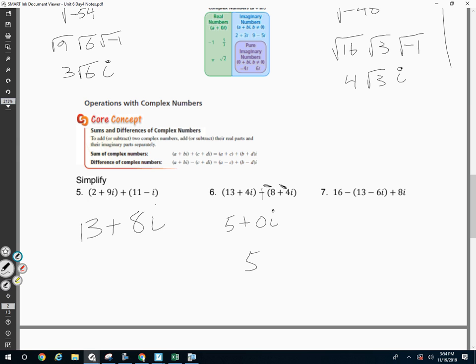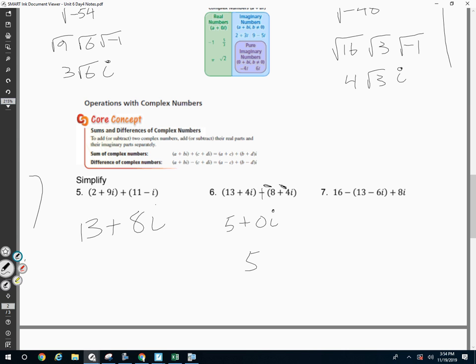Okay. When I distribute this negative, that becomes plus a positive 6i. So I'm actually not going to take that negative 6i and add 6i. Your number was correct. 16 minus 13, 3. Too many of us are careless with these negative symbols.